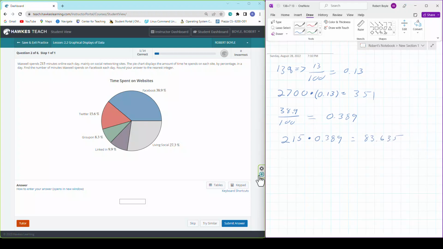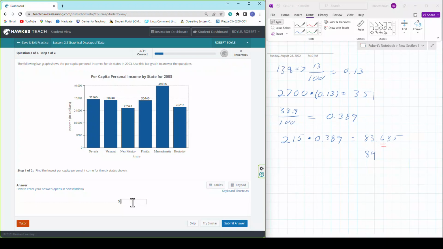Now, we want to round our answer to the nearest integer. Notice here that at the tenths place, we have 6, which is 5 or greater. Since this is 5 or greater, we need to round up, and this will round up to 84. So that's what should go here.